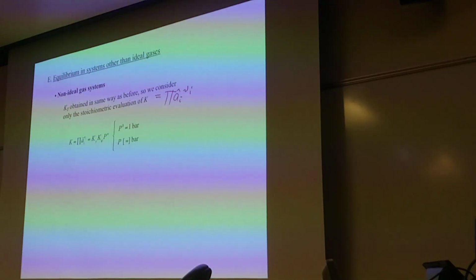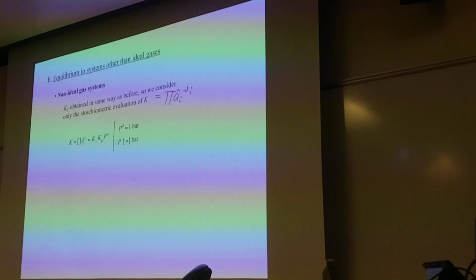And this is a reminder, because this right away looks strange. K expressed in terms of activities, when there is no subscript, that's the assumption. It must be dimensionless, because of course all the activities themselves are dimensionless.